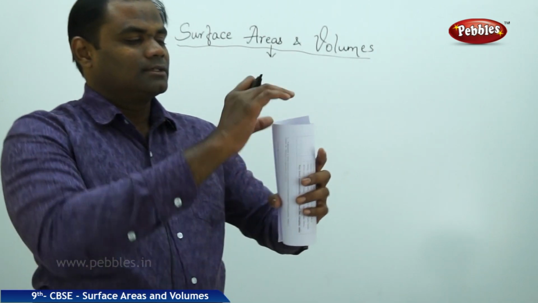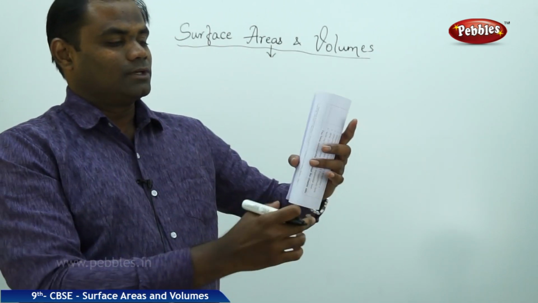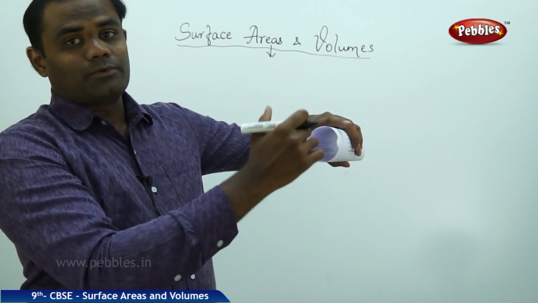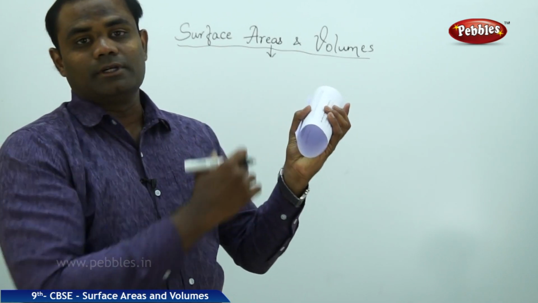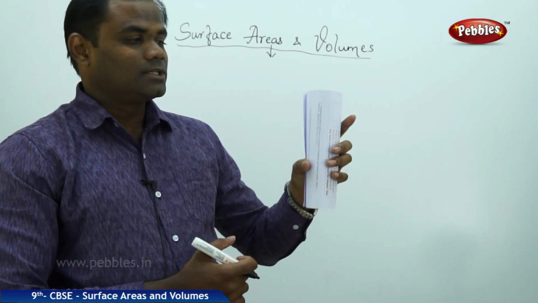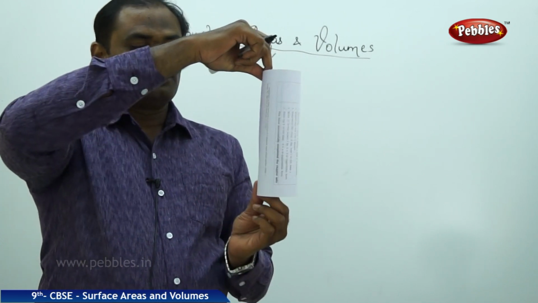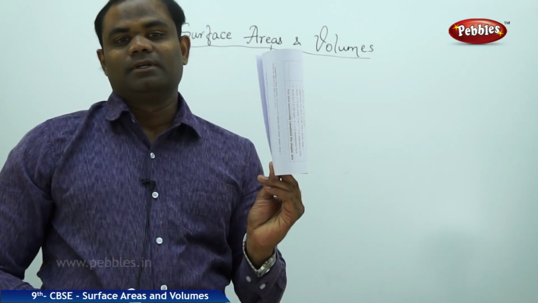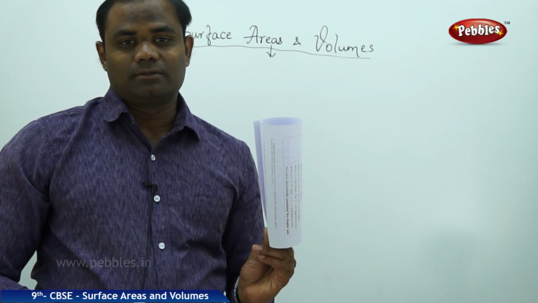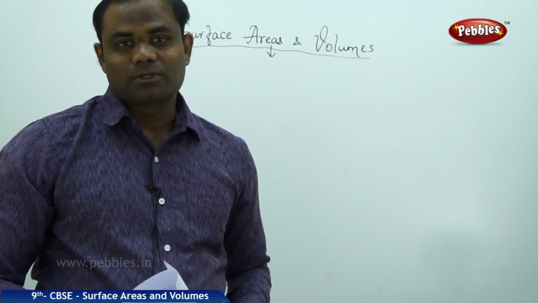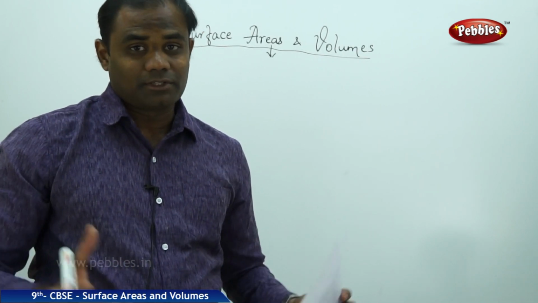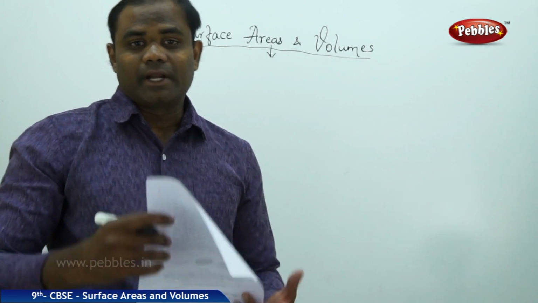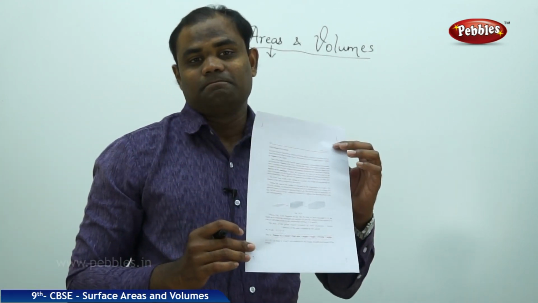We assume that this paper which is rolled forms a cylinder, and down here, it's open. So this session is about understanding the construction of a cylinder from a rectangular sheet of paper.